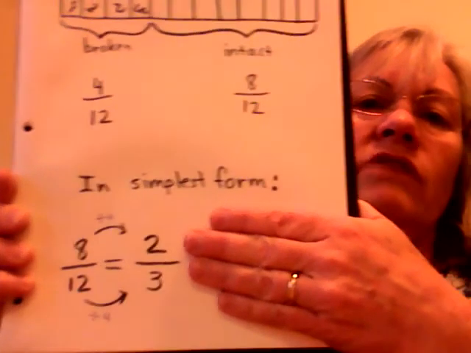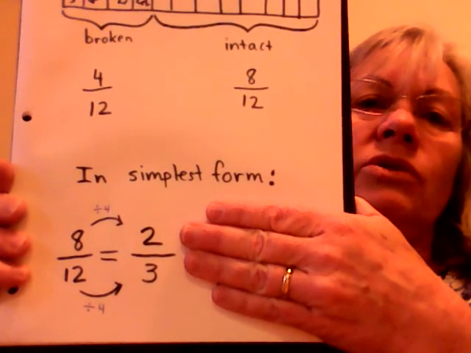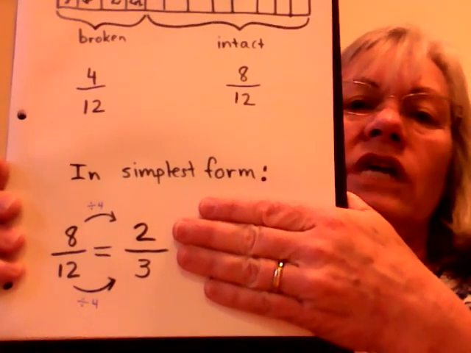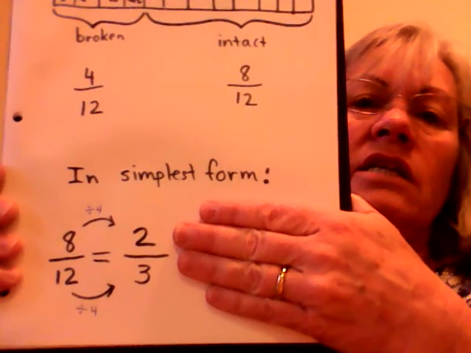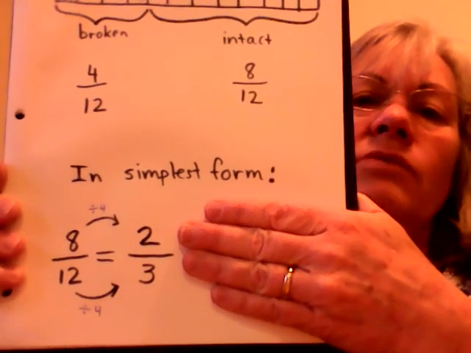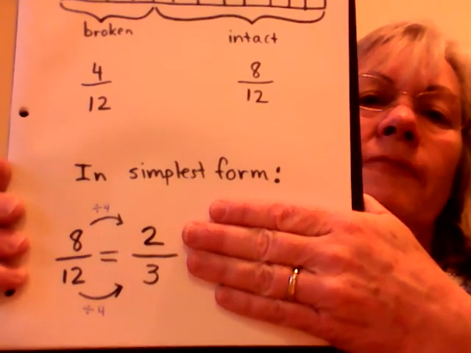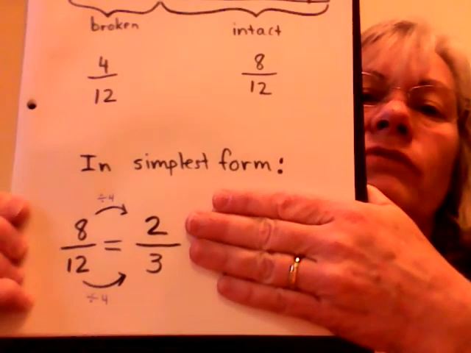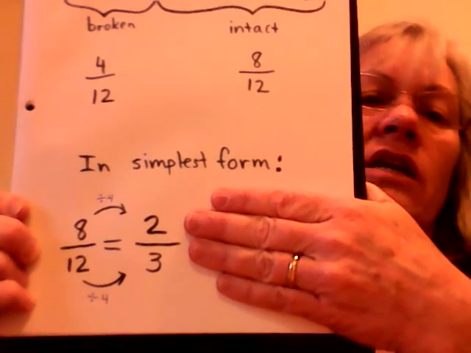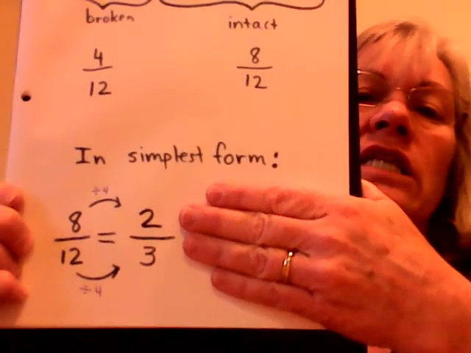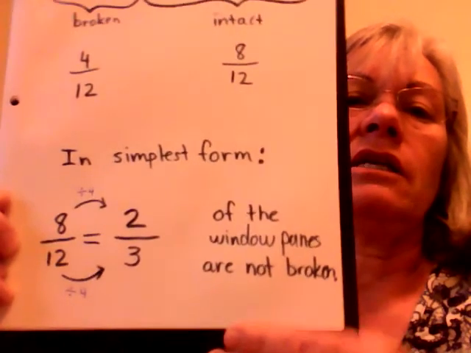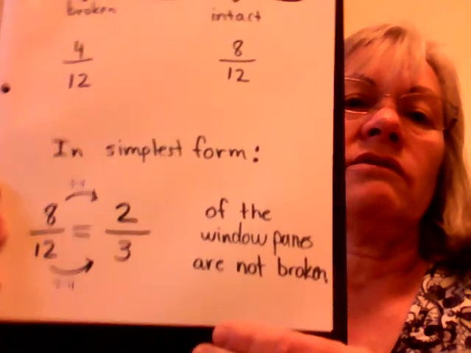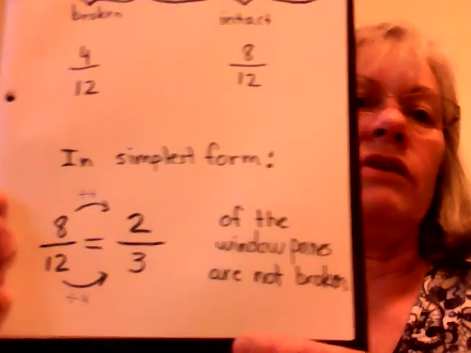That's one of our main, very important rules about dealing with fractions. And I know that 8 and 12 are both evenly divisible by 4, which gives us our simplest form. When I look at 2/3, I know that I cannot divide further, so that is as simple as it can get, showing that 2/3 of the window panes are not broken.